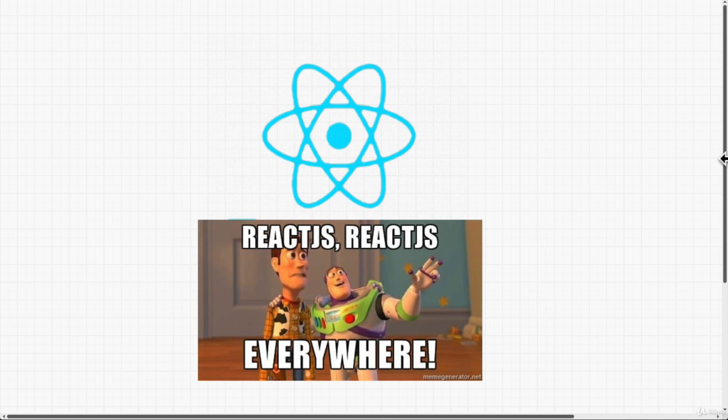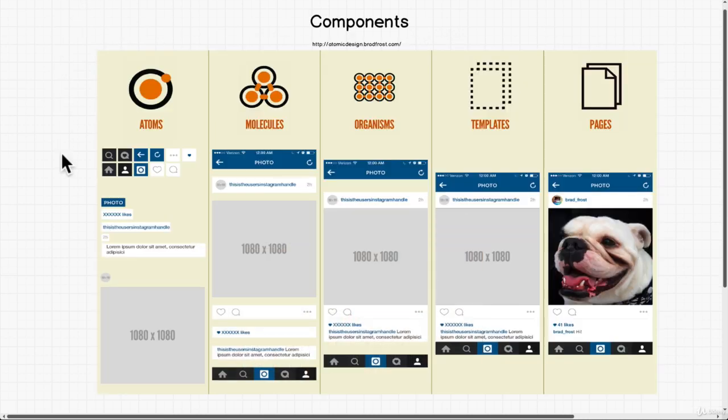Now, in order to understand React, there's a few things that we want to go over. And these are principles that are very valuable that have been learned over the years by developers. One is the idea of thinking in components. Up to this point, we've just built websites. Everything is just one JavaScript file, one CSS file, one HTML file.